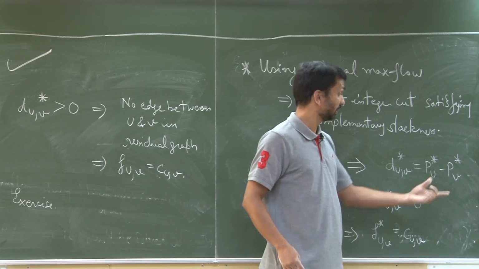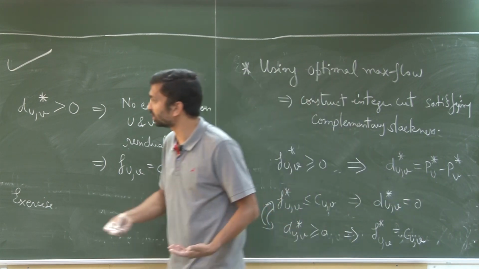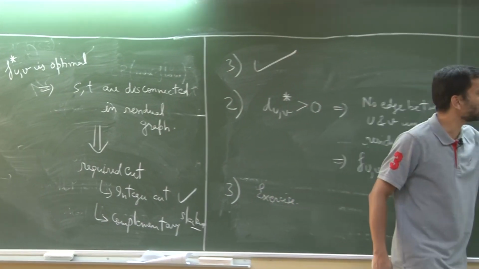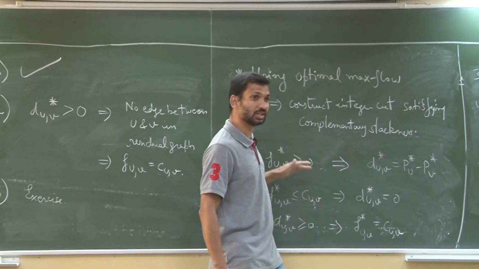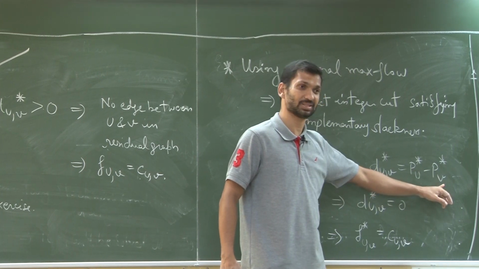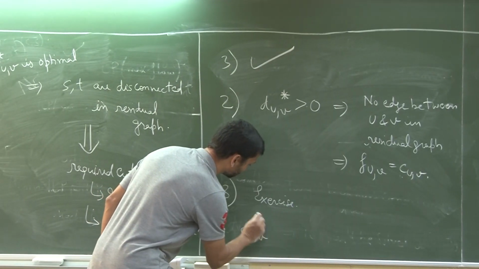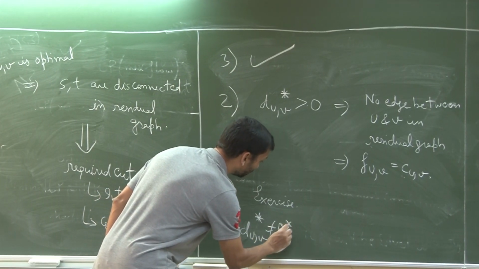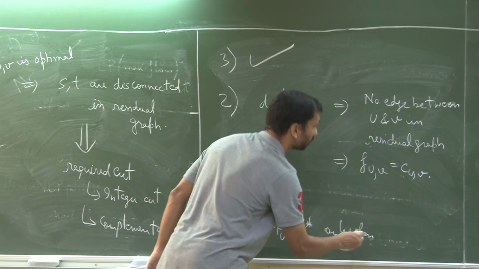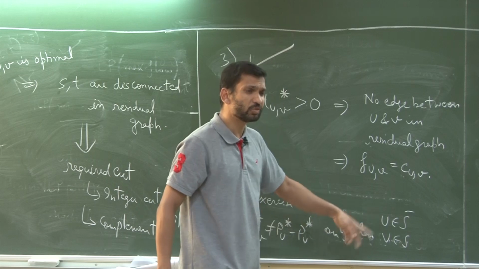Fine. If both of them were in S, so this is by definition of this thing, right? This will only be false, irrespective of this condition, when this is in S bar and this is in S. This is something which we have seen multiple times, right?